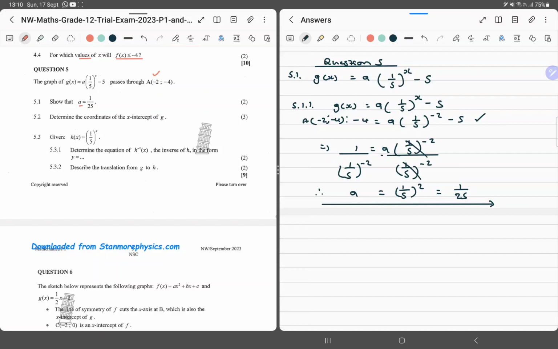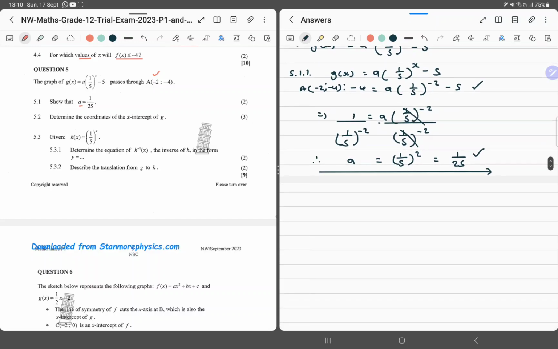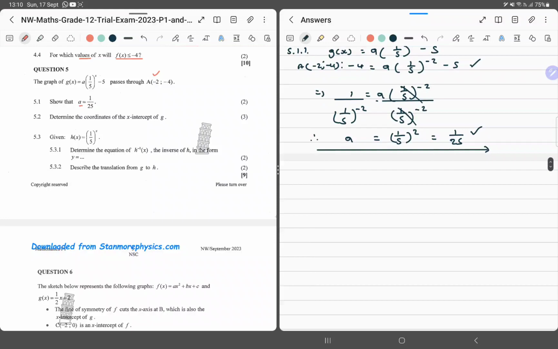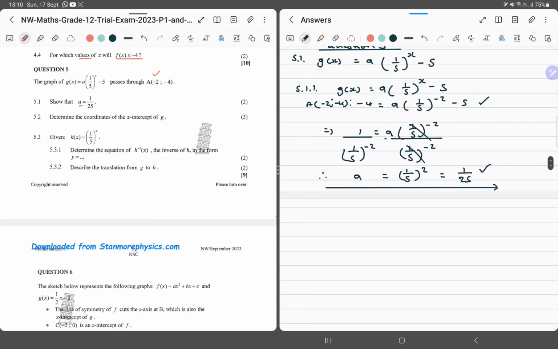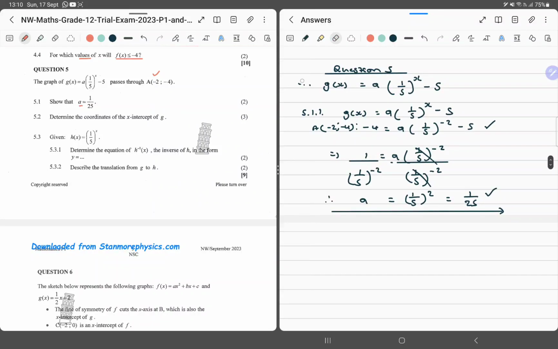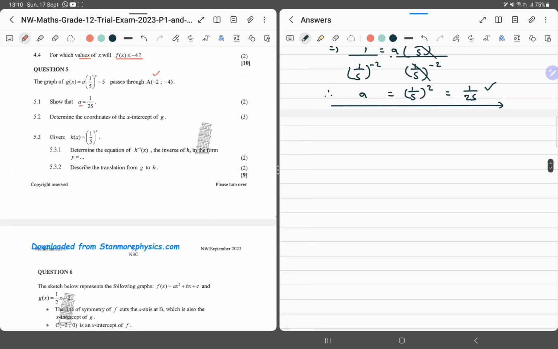Even though the answer was already given, I guess it's fair to give you a mark for it. Here we incorrectly labeled our answer. So this is just 5.1.